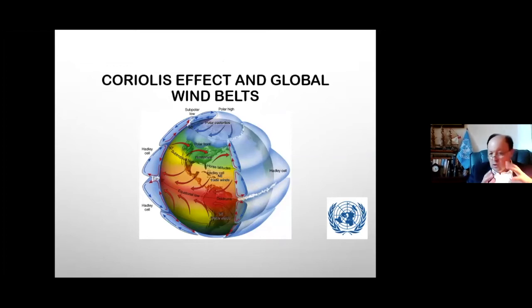And this Coriolis effect in the northern hemisphere makes the winds get deflected eastbound to the right. In the southern hemisphere, the winds get deflected westbound. So it's a bit of a mismatch of winds from hotter regions to colder regions. But the Coriolis effect makes this a little bit more interesting, an interesting mix. There's a lot more about this. It creates the Hadley cells and the polar cells, but it's beyond the scope of this talk.